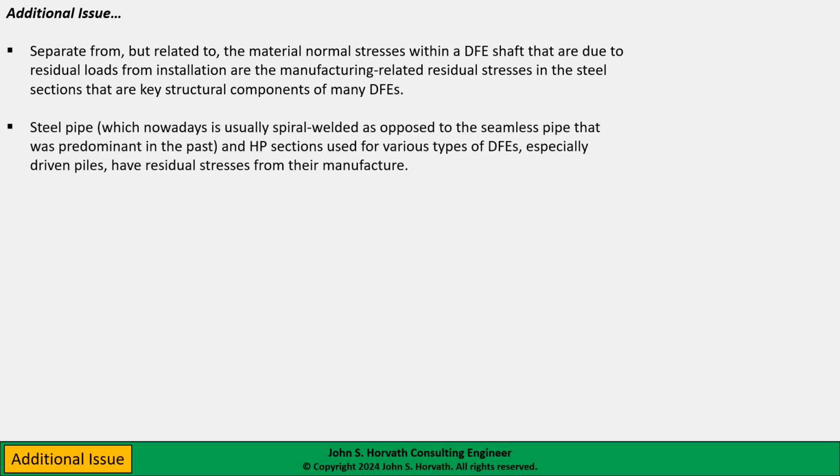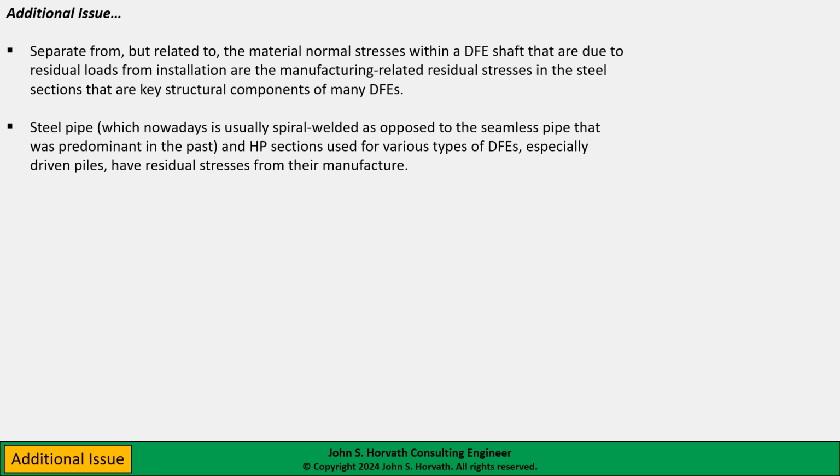For example, steel pipe, which nowadays is usually spiral welded as opposed to seamless pipe that was predominant in the past, as well as HP sections, H-pile sections, have residual stresses from their manufacture.